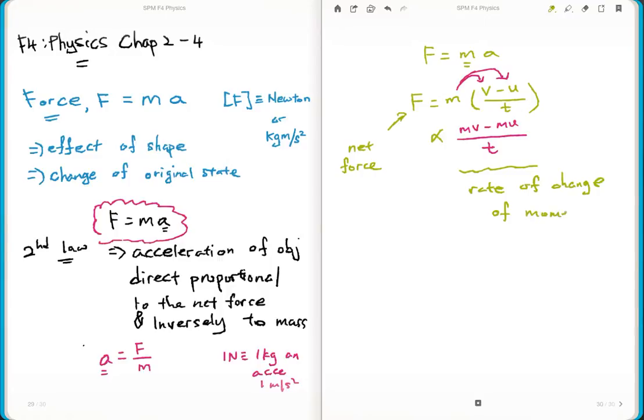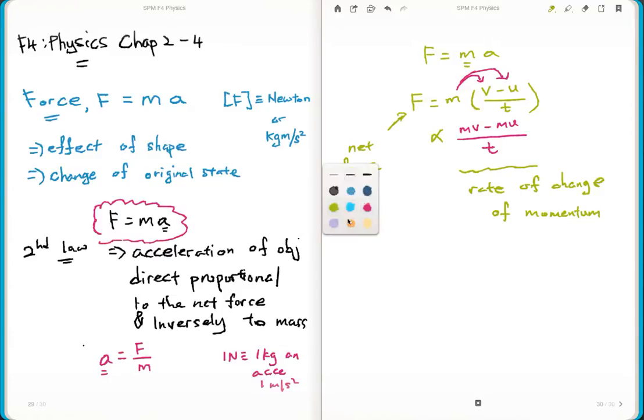Yes, I've gone through this in my previous video, so those videos are actually related. You need to go back to my part 3. What does it mean by momentum? What does it mean by acceleration? So you may put it in that way, and if you relate force with change of momentum, then we relate it to this net force.